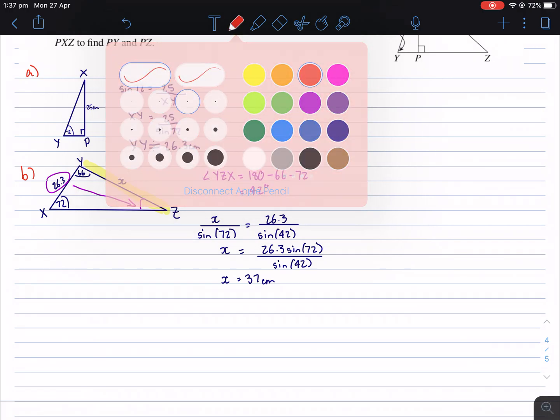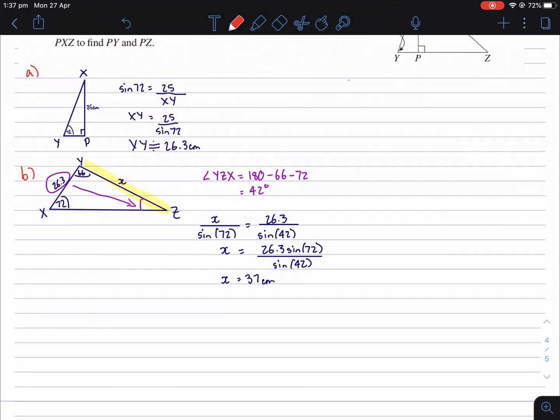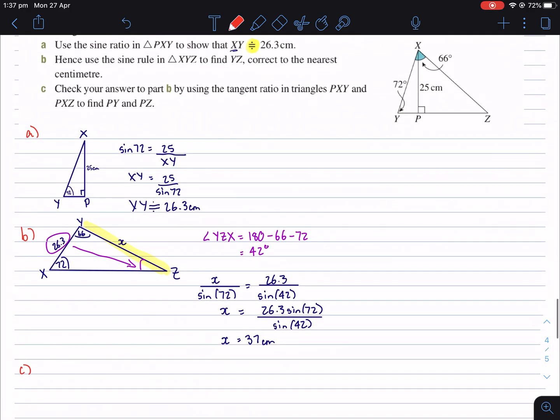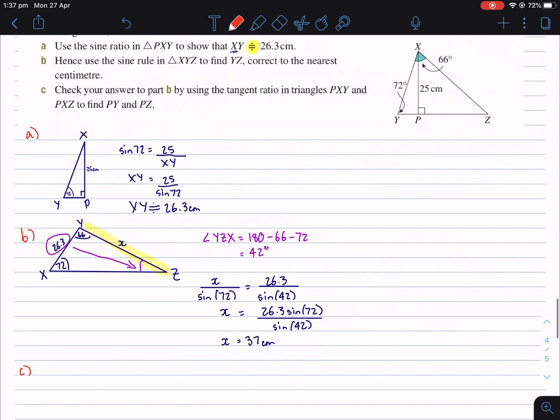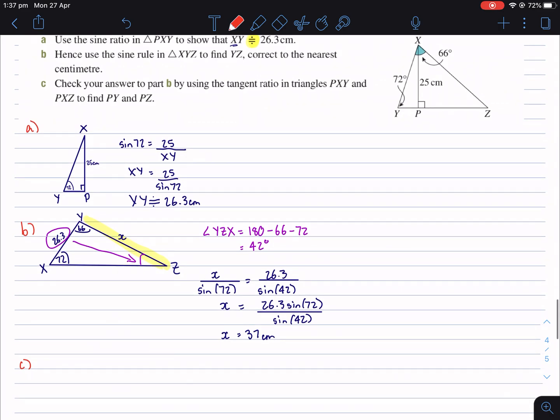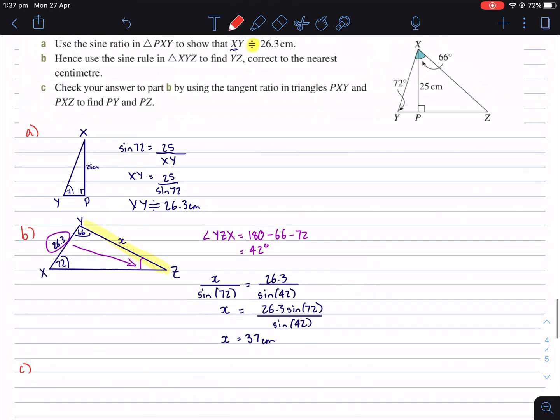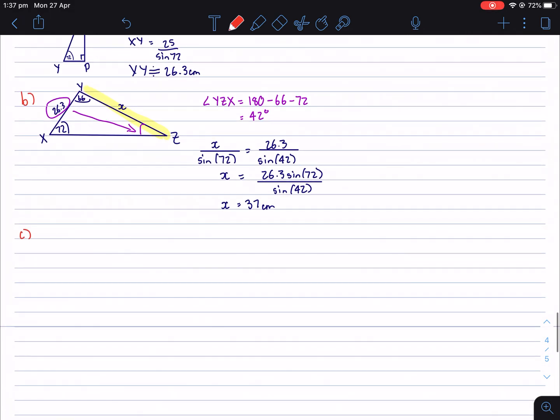Okay, and question C. Oh no, I'll do down here. Question C. Check your answer to part B by using the tangent ratio in triangles PXY and PYZ to find PY and PZ. Great.